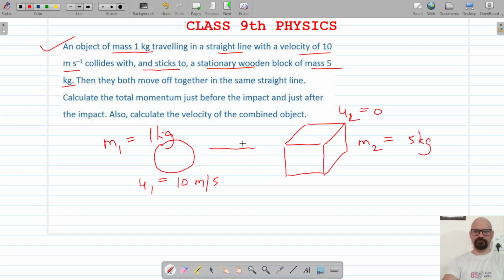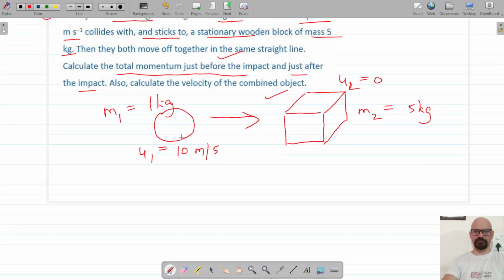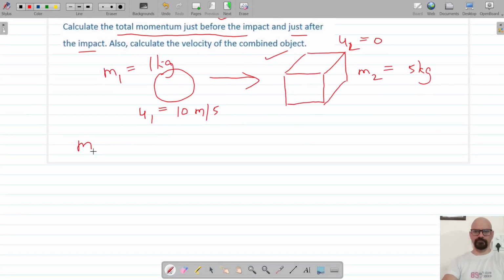So this is moving and it collides with this. They are both in a straight line. Then they both move off together in the same straight line. So calculate the total momentum just before the impact and just after the impact. So momentum before impact. This is a system of these two bodies.